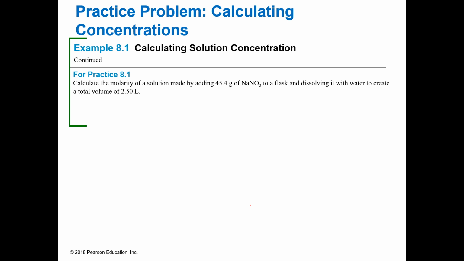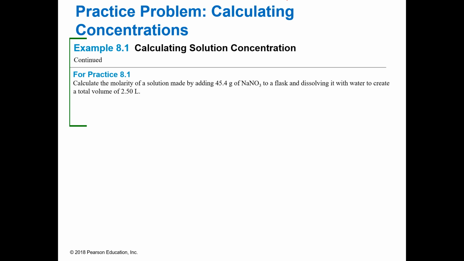All right, let's look at another one. Here we're going to calculate the molarity of 45.4 grams of sodium nitrate dissolved into water, that gives you a total volume of 2.5 liters.